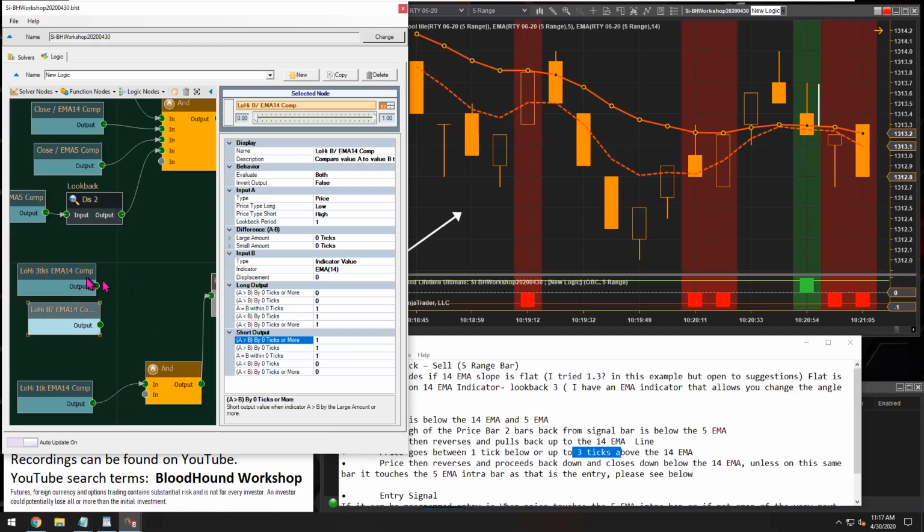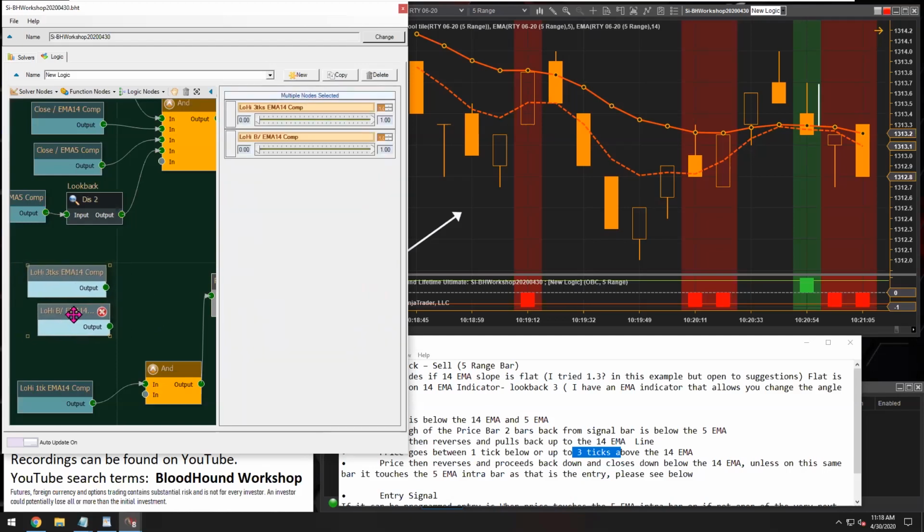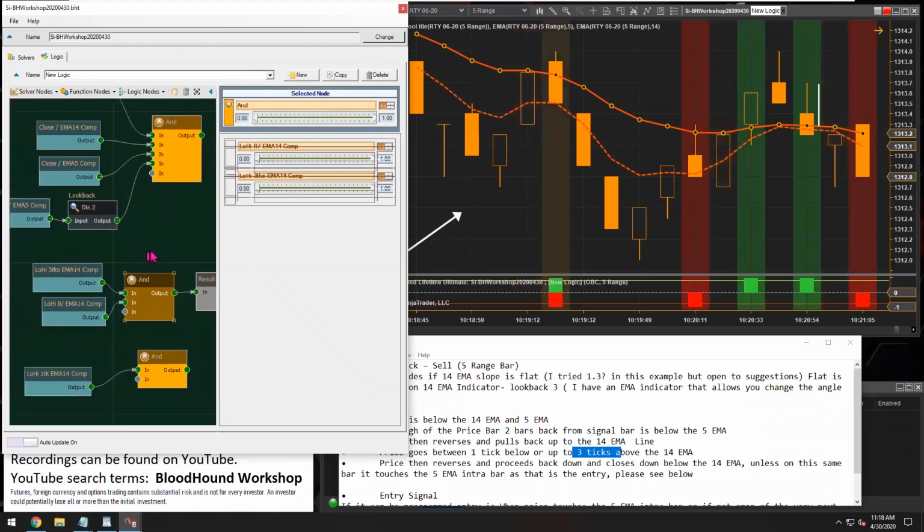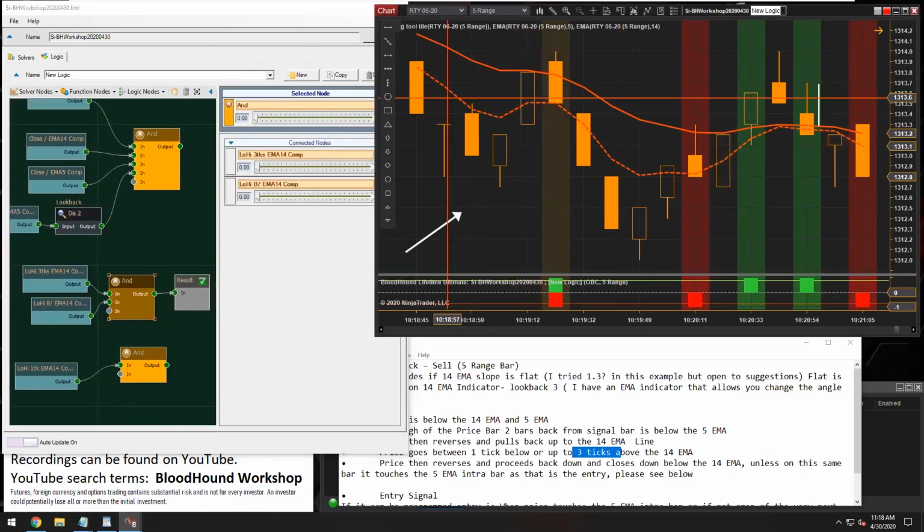When we take these 2 solvers and combine them together using an AND node and connect that up, what we've done is created this requirement that the high has to be above the EMA, but within 3 ticks of it. So we've created this little isolation, this little area of interest, I guess we could say, this 3 tick area above the EMA.